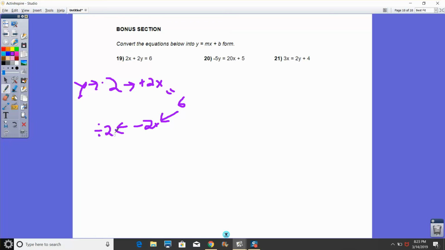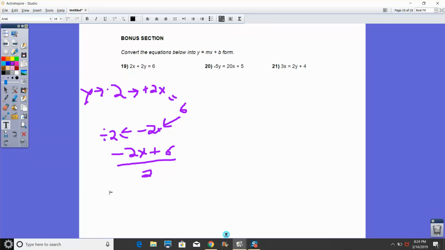So if I write negative 2x plus 6, which is like 6 minus 2x, but then divided by 2, that means if I divide everything by 2, that means y equals negative 1x plus 3. So that would be that equation here. There's a couple of shortcuts I'll share with you in the future as well. When you have standard form, there's actually a really quick way to get this form right here from this, but we'll do that another time.